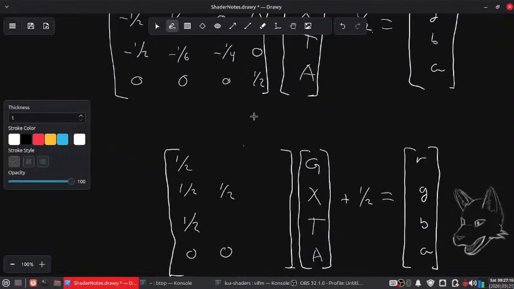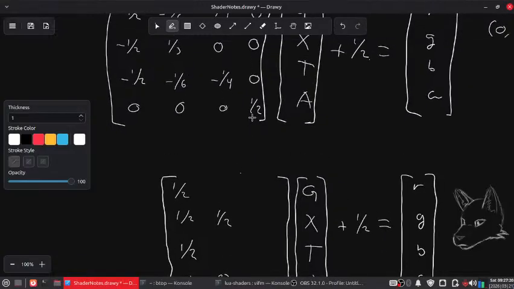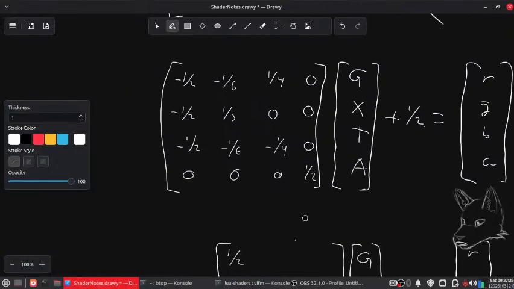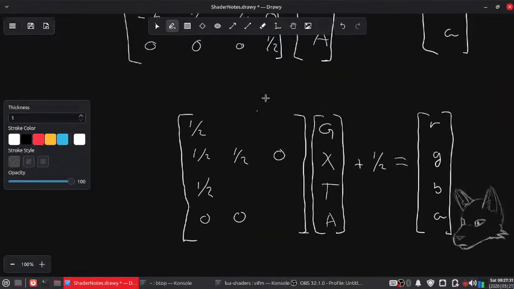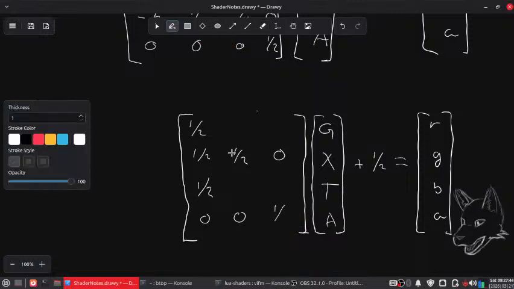There's a lot going on here, because here we know for a fact that this is 0, and this is a half. We know that to be true.